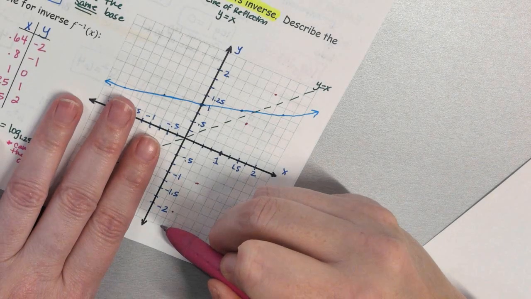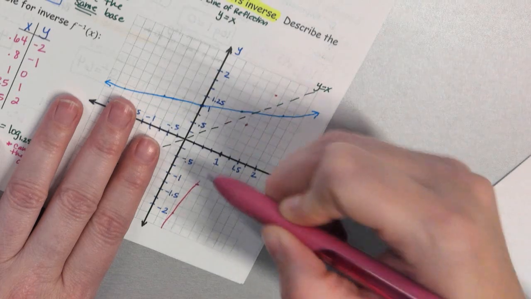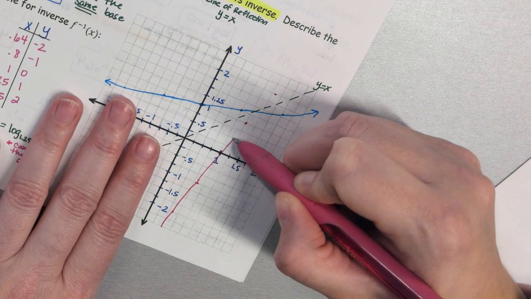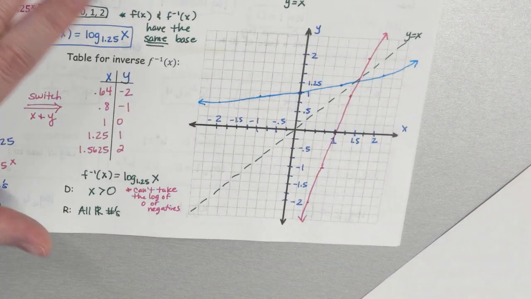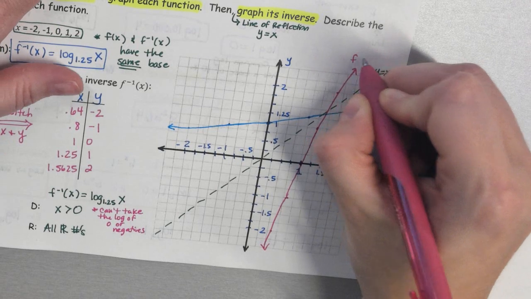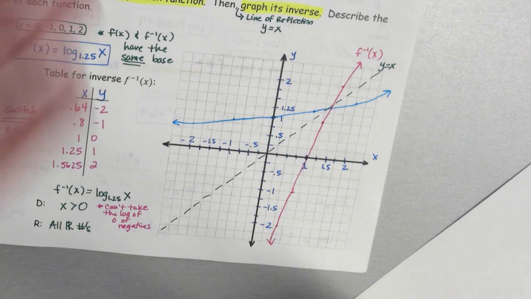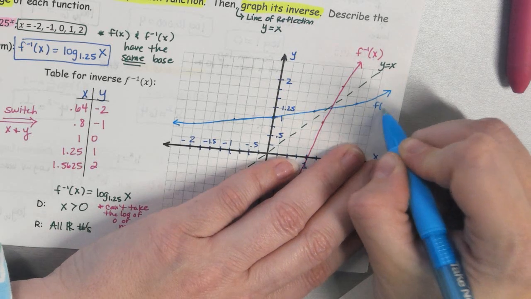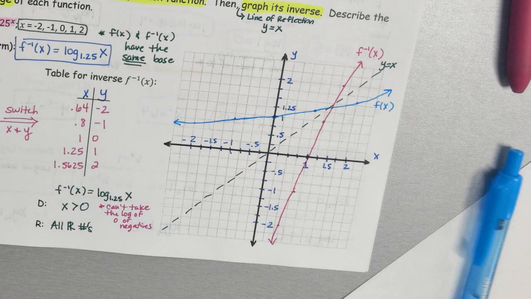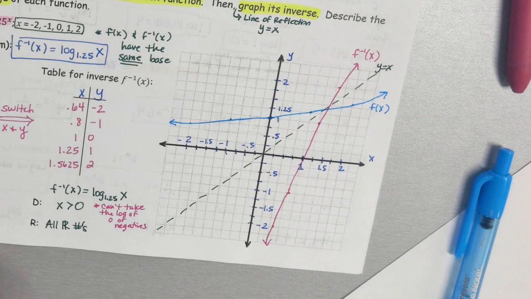Okay, and again, we're connecting that with a slight curve here. And look, we can see that this is a reflection. Doesn't that look nice? A nice reflection there. You have your inverse and you have f of x, and they're reflections over each other.